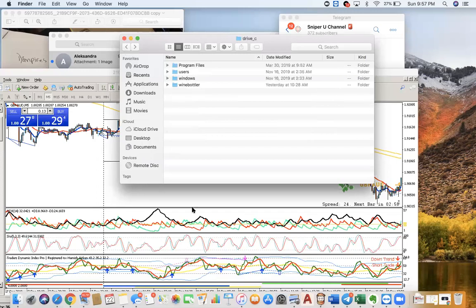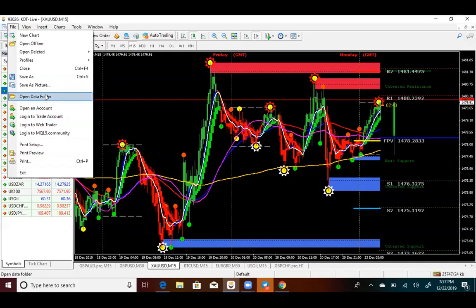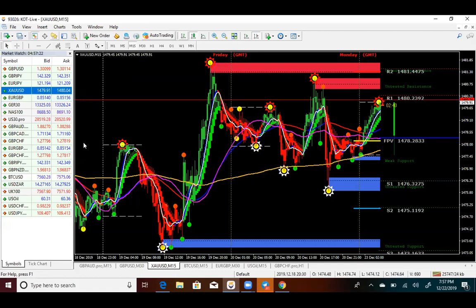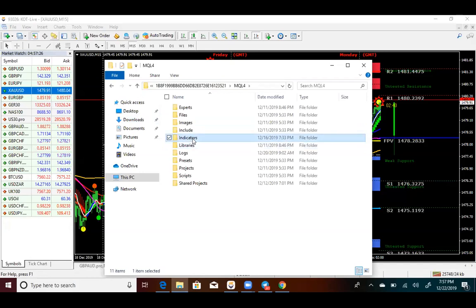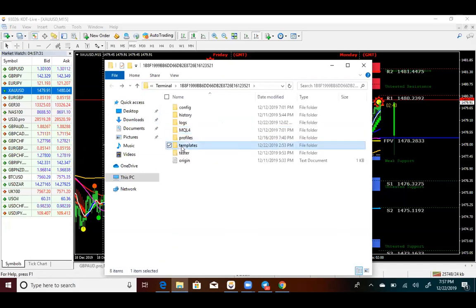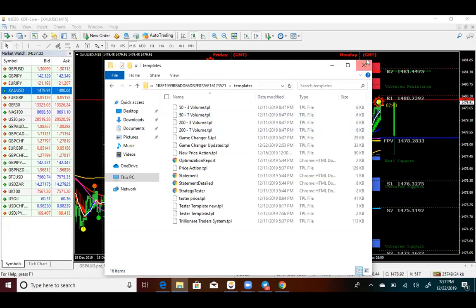Got you. Appreciate it, man. Can you go over how to do it on HP again? Yeah. With the HP, it's even simpler. All you do is, on the system, you hit File, Open Data Folder, MQL4 to add the indicator, go back, and Templates to add the template.